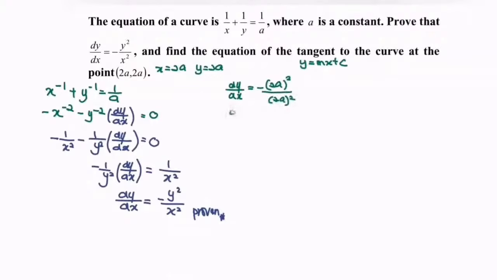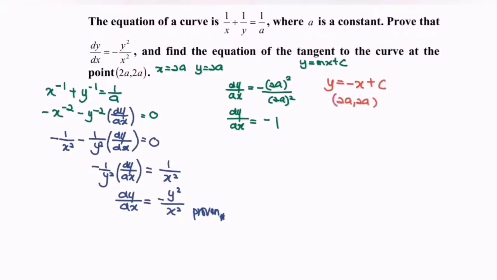And if we simplify, we will have the gradient equals to -1. So kindly substitute the gradient dy dx, or we can say the m, into the equation. So y is equals to -x plus c, with the point 2a, 2a.